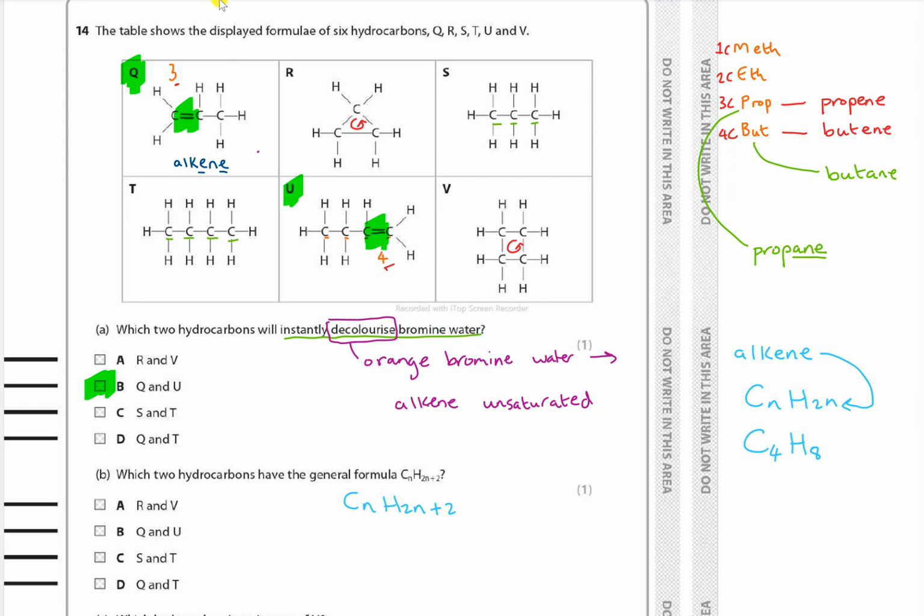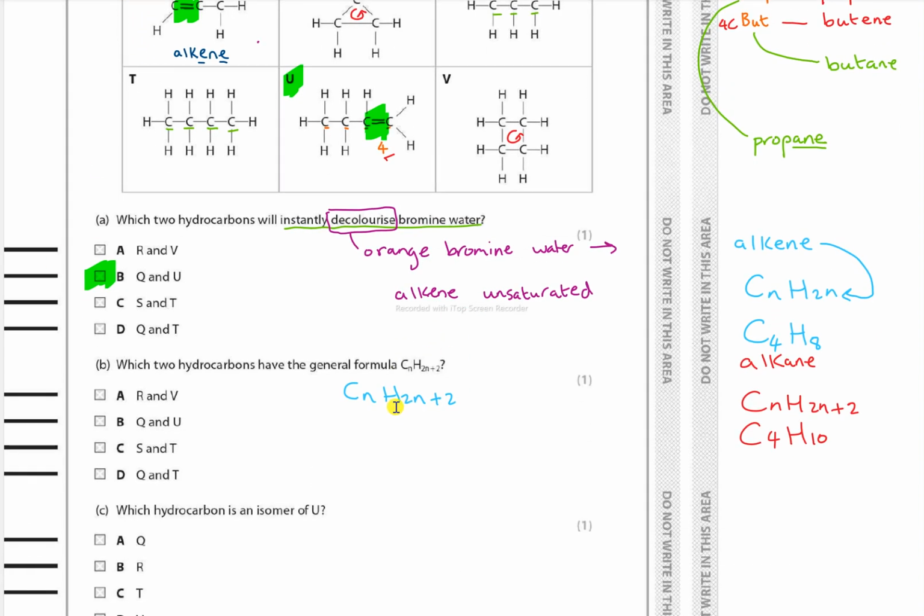Now, if I've got an alkane, it's the same thing. CnH2n, but you add 2 more hydrogens. So if it was C4, it would be 4 times 2 is 8. Add 2, which is 10.